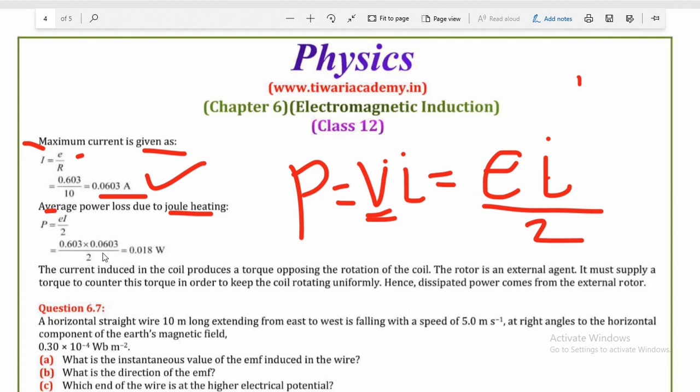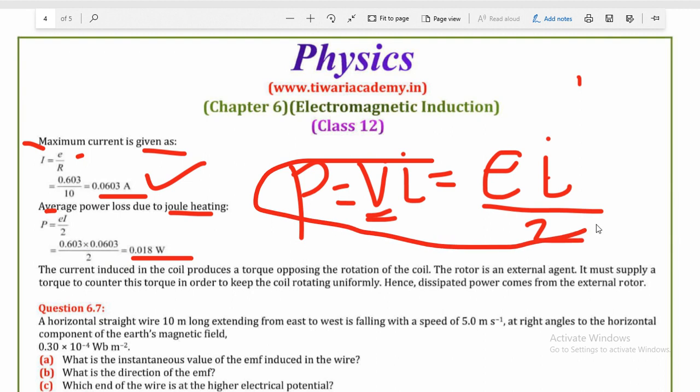So you will get 0.603 into the value of I, that is 0.0603 ampere, upon 2, and it is 0.018 watt. So this is the average power loss in this circuit.